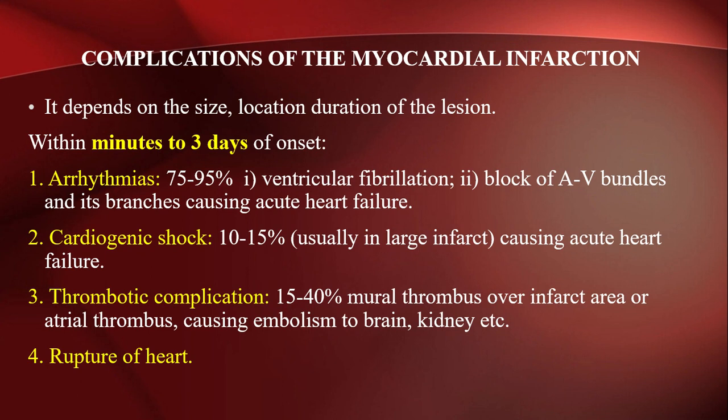Then cardiogenic shock in 10 to 15%, usually in large infarcts, causing acute heart failure. Thrombotic complications, 15 to 40%: mural thrombus over the infarct area or atrial thrombus, causing embolism of brain, kidney, etc.